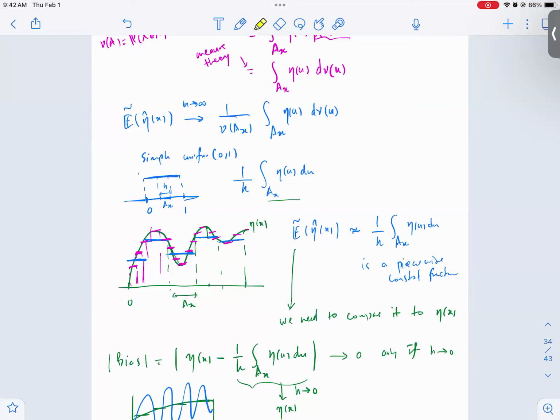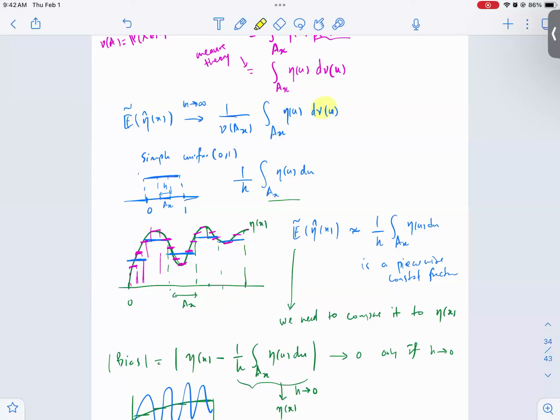In general, it's a weighted average of the eta_i's, with weights given by this distribution over that cell. In the simple case, everything simplifies: the distribution of X is uniform, so you're basically integrating eta within that cell and then dividing by the length of the cell. So it's really an average.